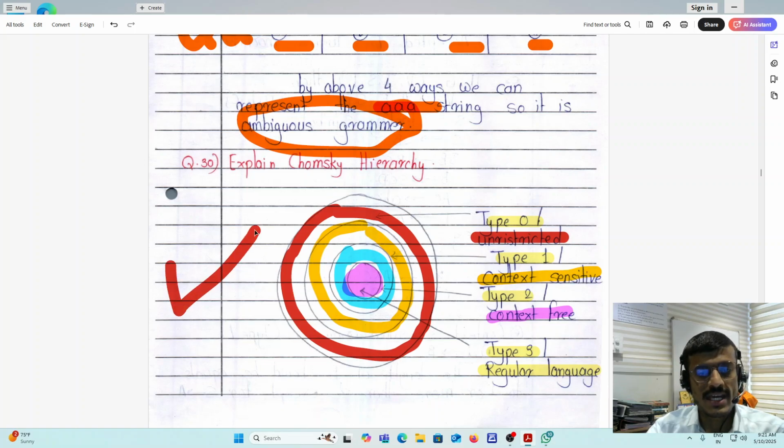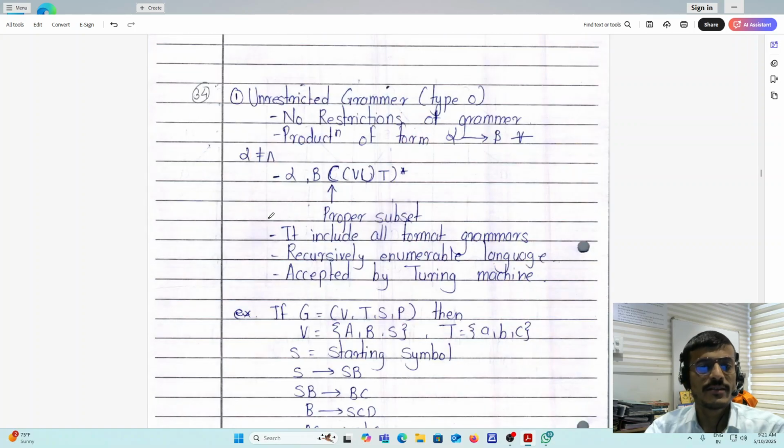So that is the Chomsky hierarchy. We will be explaining this one by one. So see here what is meant by unrestricted grammar. First one, it is called type 0. There is no restriction on the grammar. The production is of the form alpha tends to beta, where alpha does not belong to null.